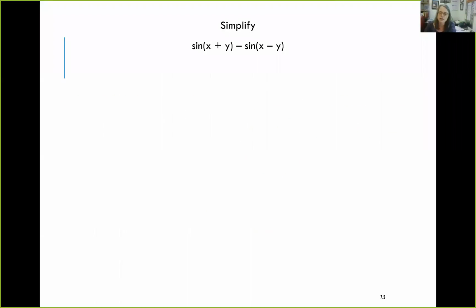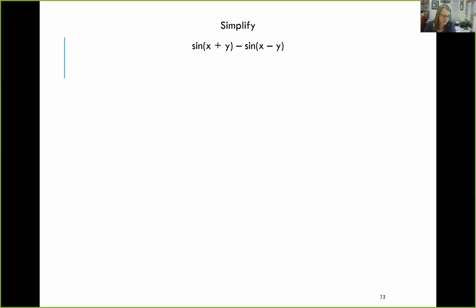Okay, so here's another one. Let's simplify sine of x plus y minus sine of x minus y. In other words, we want to reduce this to as simple of an expression as possible. Well, let's start with sine of x plus y.